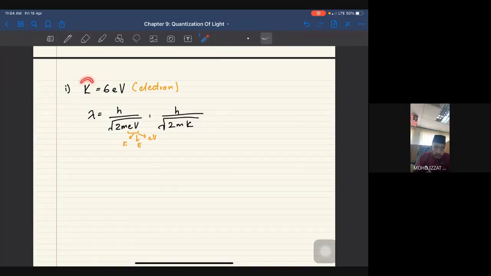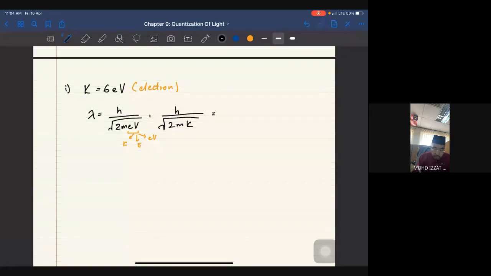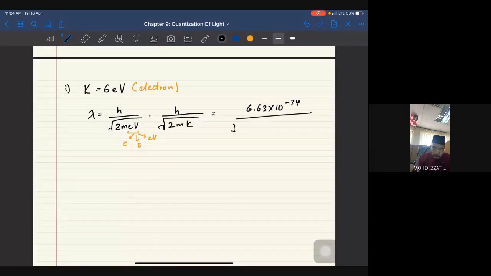So depends on the information given. Since they give you kinetic energy, I just write over here as K. Kalau kamu main sebat masuk, kebetulan dapat betul, tu memang rezeki kamu lah. Tapi yang sebenarnya dia masuk dekat K. So if I substitute over here, then it would be 6.63 times 10 negative 34 divided by square root of 2 mass of electron, we are talking about electron, and multiply with the K, which is 6 times 1.6.